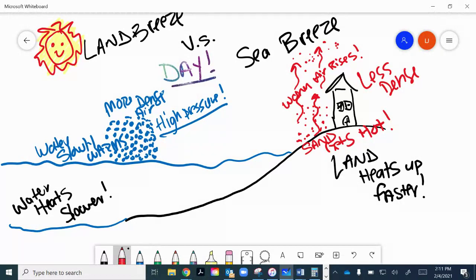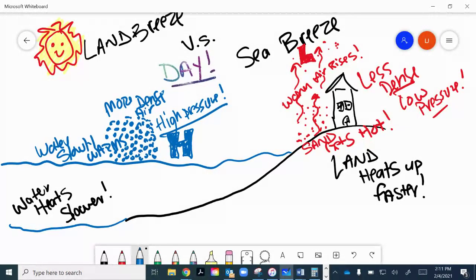This one over here is going to be less dense, so we're going to have a low pressure over here. And because of that, less dense, lower pressure, it's moving up. So we've got this L of low pressure moving up. I'm going to put an L for that. Moves up. And then we've got an H for high pressure over here. And that H for high pressure is going to cause everything to move up. No, it's going to move down.